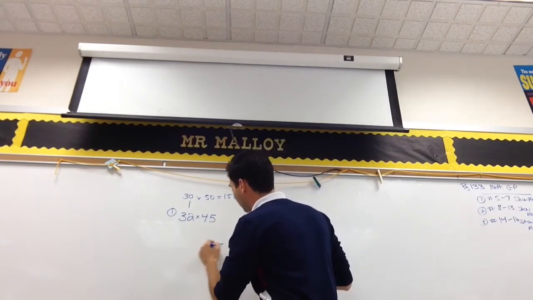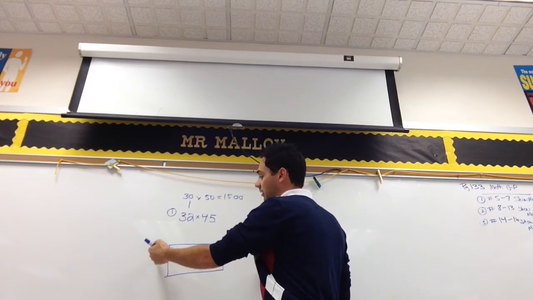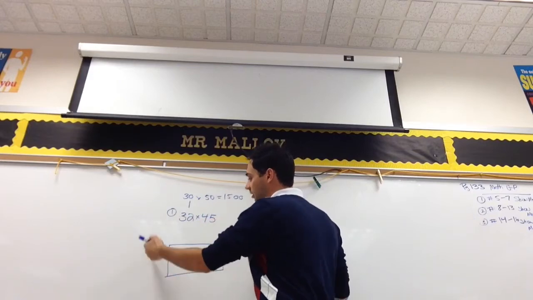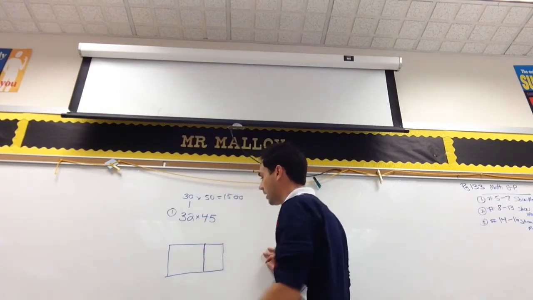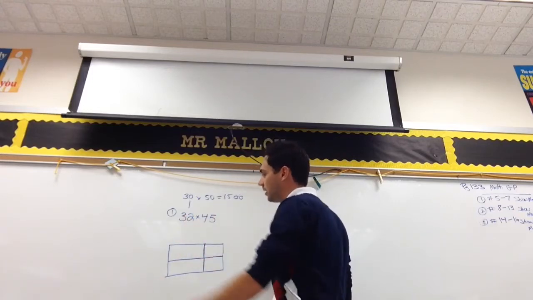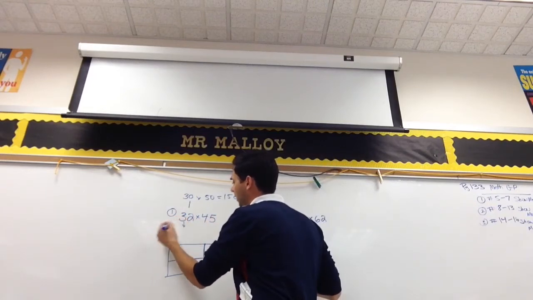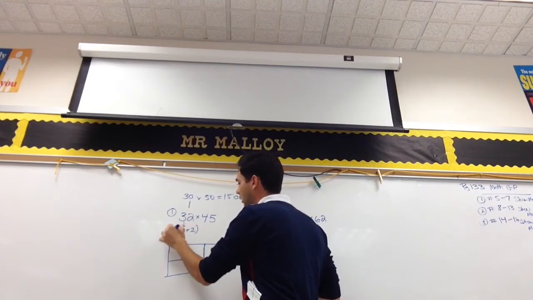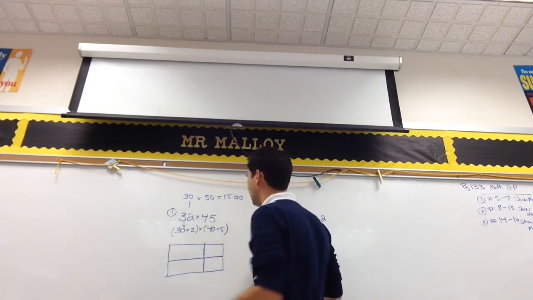Okay, so we're going to use the area model like we did with 2 by 1s. With a 1 by 2, we had 1 times 2. This is a 2 by 2, so I have to split my rectangular array into 4 sections now to deal with the 4 numbers. We can write this in expanded form: 32 is 30 plus 2, and this is times 40 plus 5.